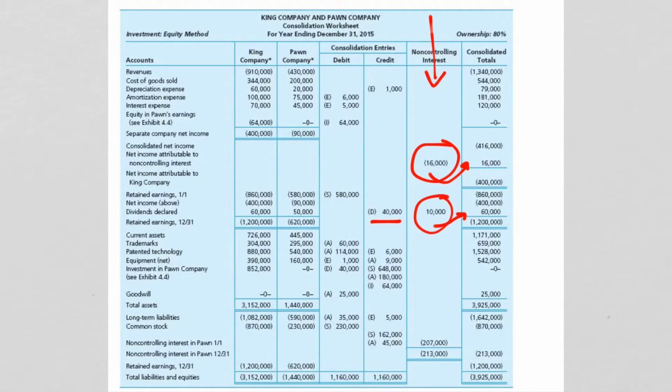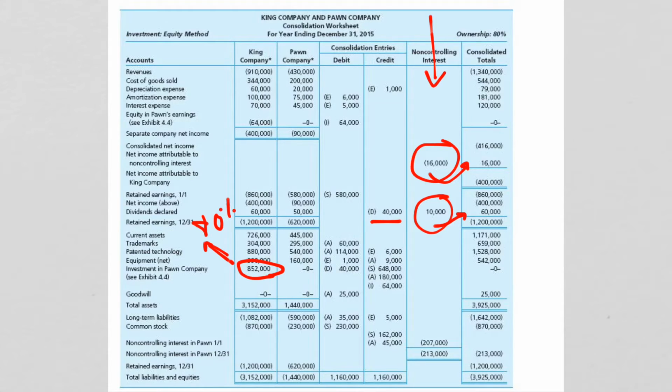If you notice in the entries, they're doing the entries for purposes of getting rid of the investment account on the books of the parent company, but that only is at 80% in this problem.